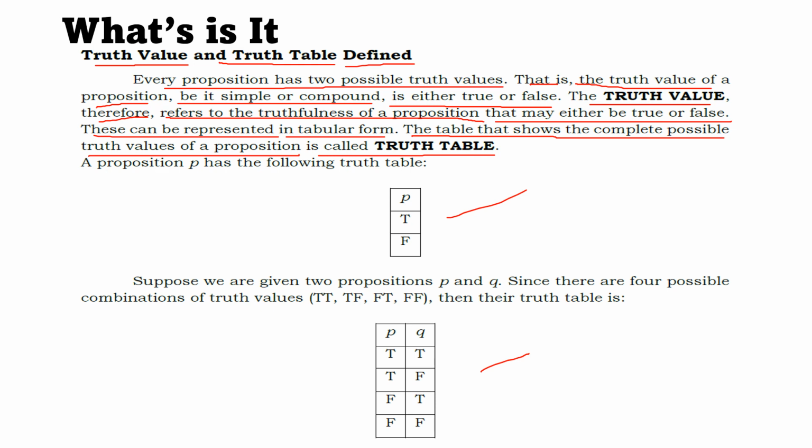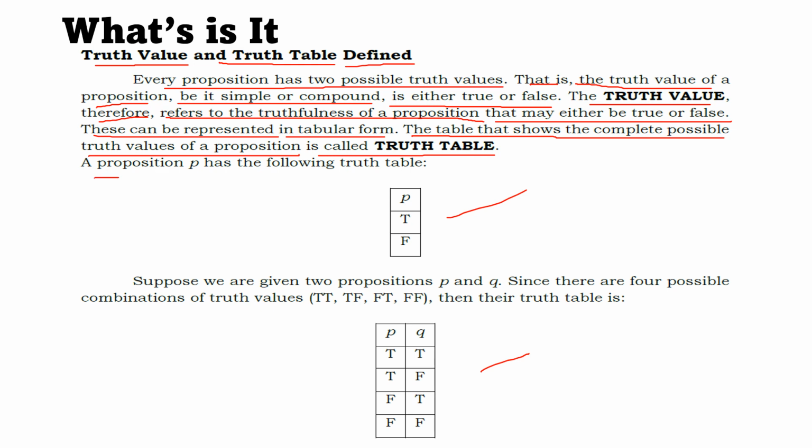There's a P and Q. At some point, P is your hypothesis, Q is your conclusion. With the use of logical connectors, you can easily determine the truth value of the combined propositions. With the help of this truth table, it is easy for us to visualize the truth value of the resulting proposition.